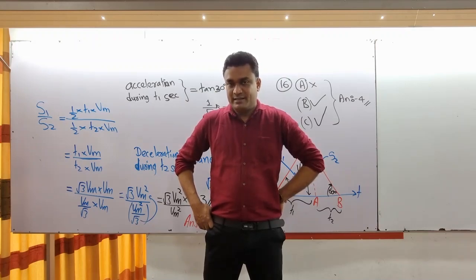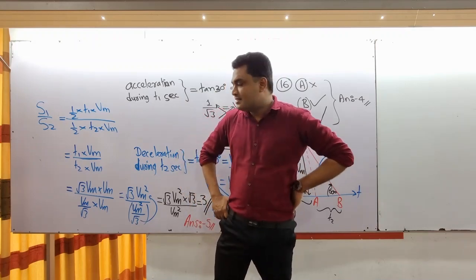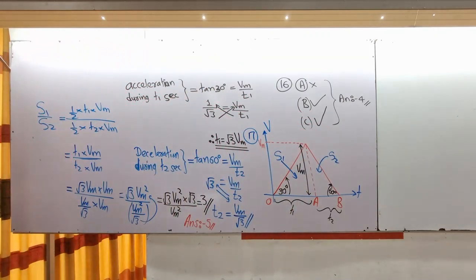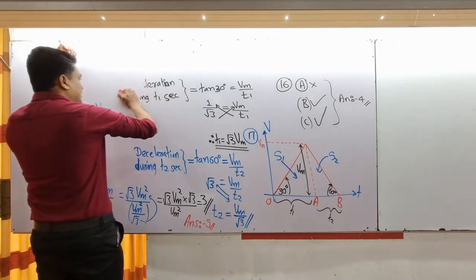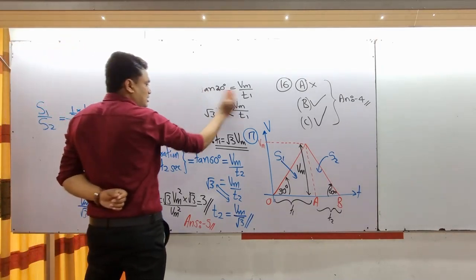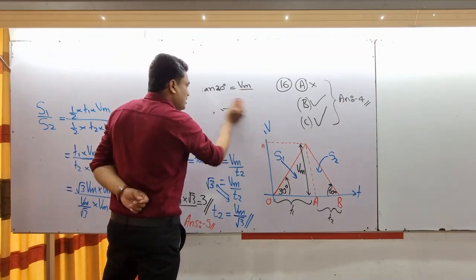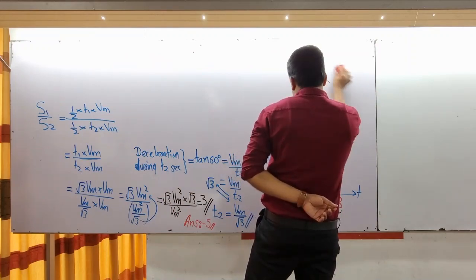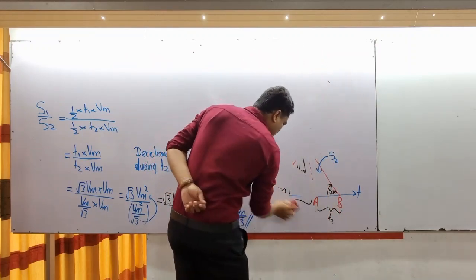Okay? At a certain angular velocity, omega, the centripetal acceleration becomes 5g.